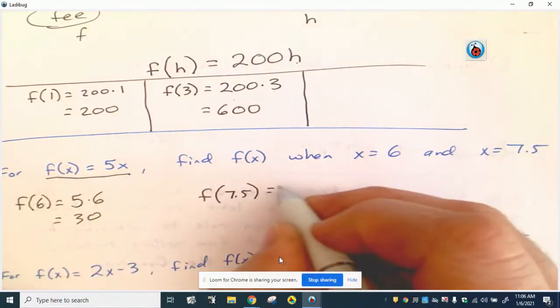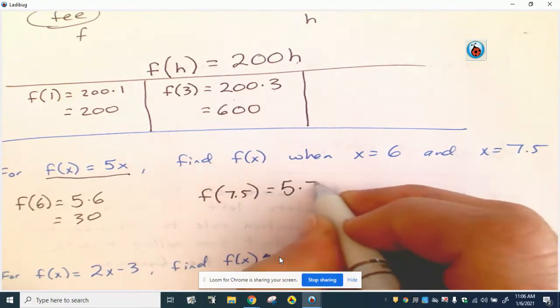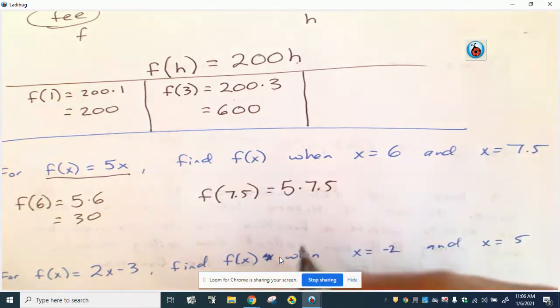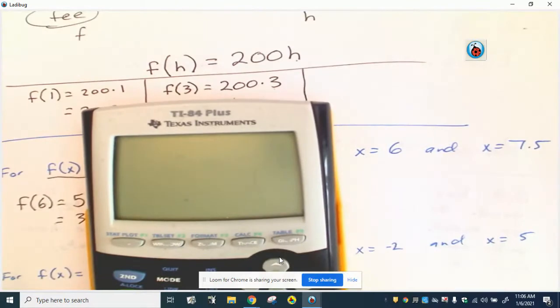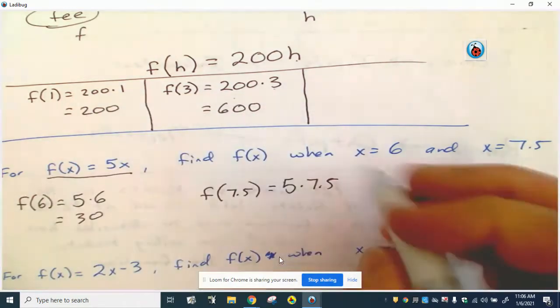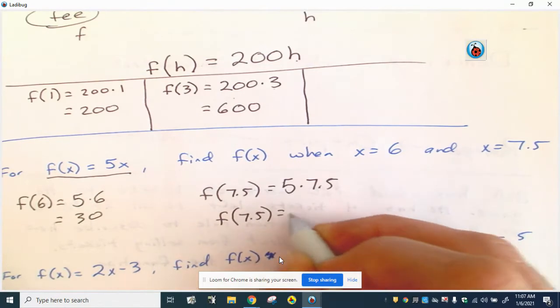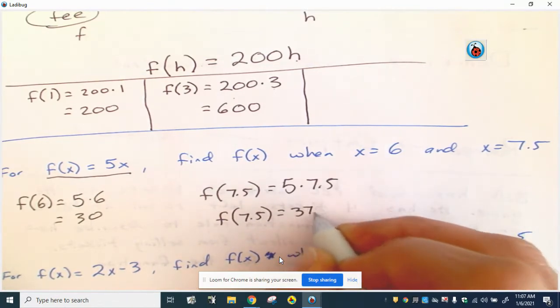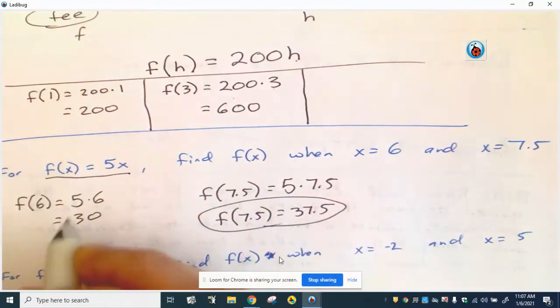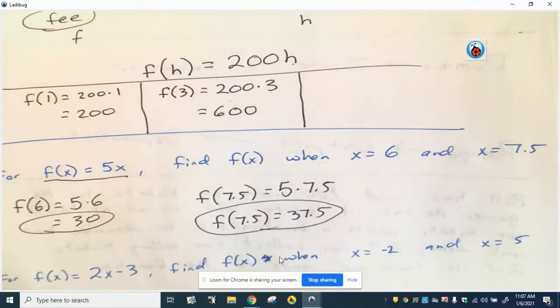That means we have to do 5 times 7.5. That's pretty easy to do with a calculator. 5 times 7.5 is 37.5. So f of 7.5 would equal 37.5. And that's really all we're doing there.